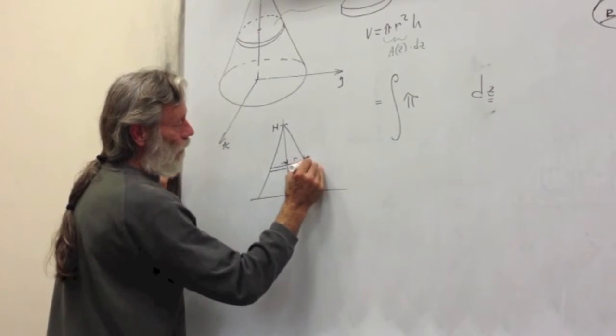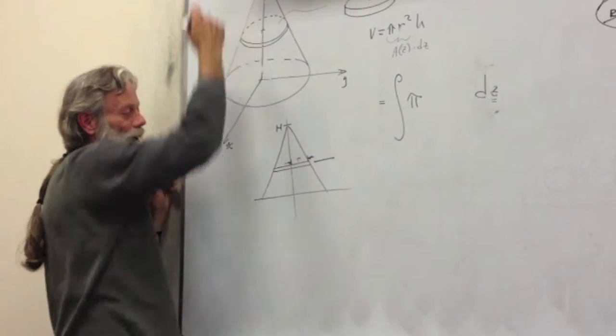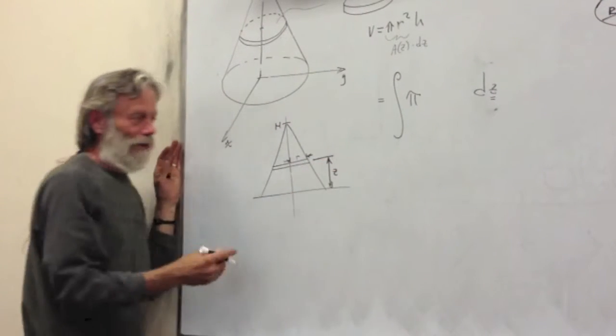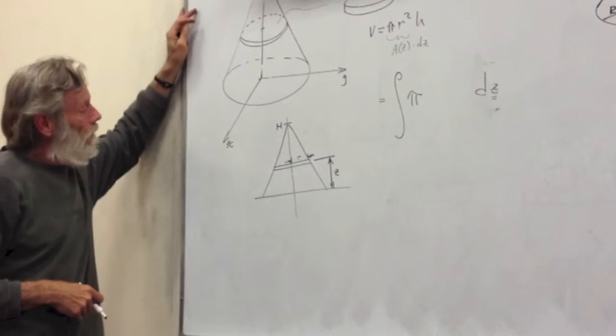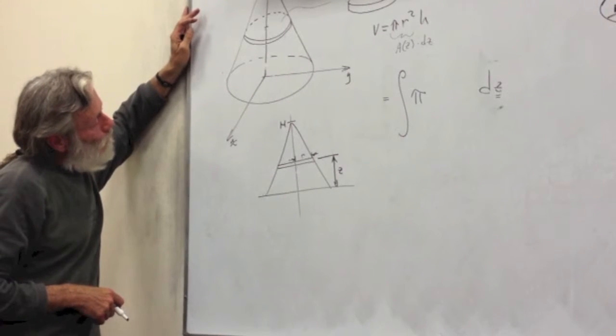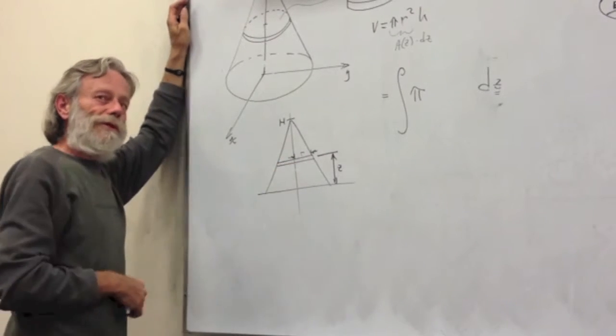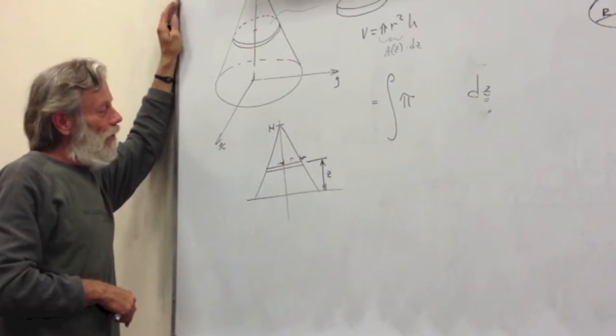What else do I know? If I'm going to talk about being at a height, I'm going to call it the value z that I'm at, because I'm on the z-axis. What am I trying to do? I'm trying to write r in terms of z. That's the game here.